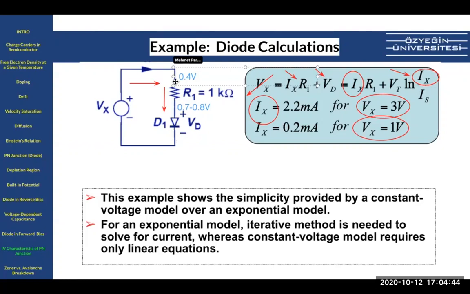The current always flows from plus to minus on the diode. Otherwise, it is reverse current and it's very, very small. So to operate this diode, the plus sign must be much bigger than the minus sign, much bigger than 0.7, 0.8.